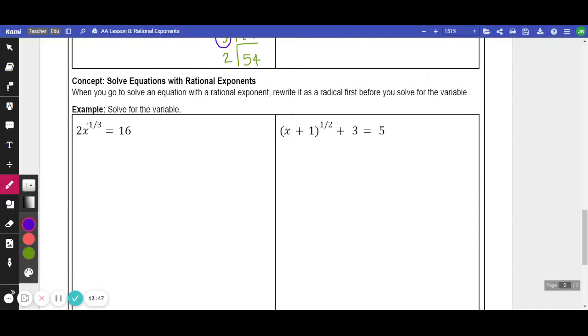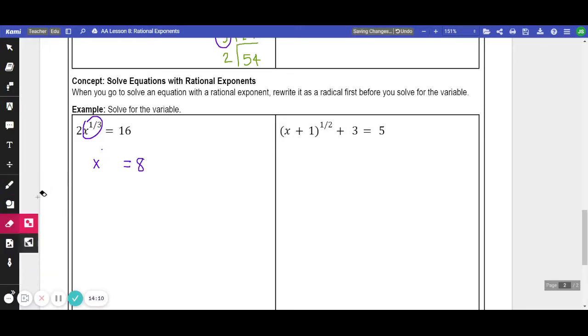So in this case, this x that we're trying to solve for with its exponent, we want to isolate that first. We want to move everything else to the other side first. So in this case, I would divide both sides by 2. So I'm going to divide by 2, get x to the 1/3 equals 16 divided by 2 is 8.